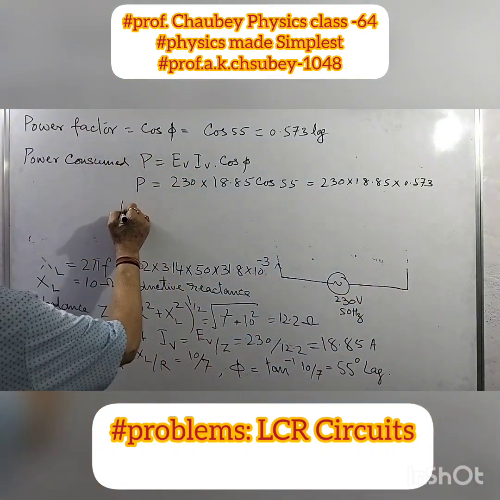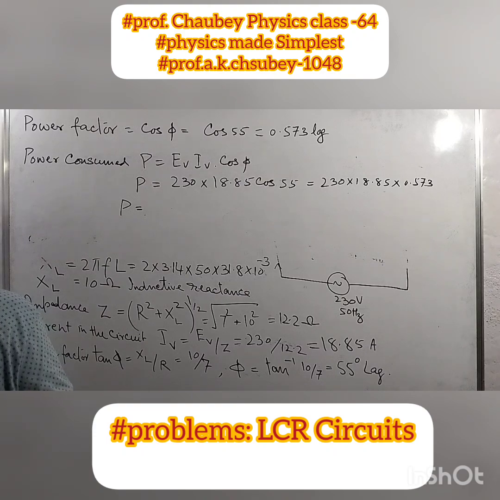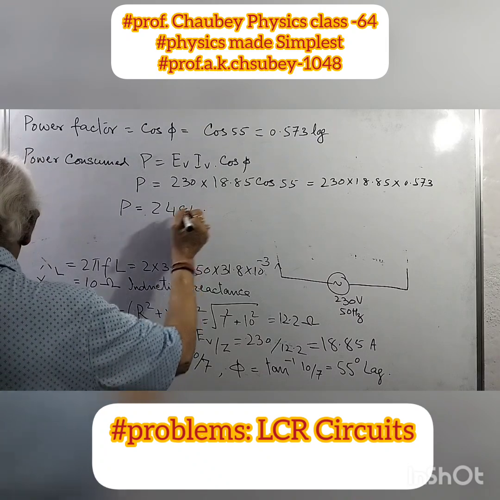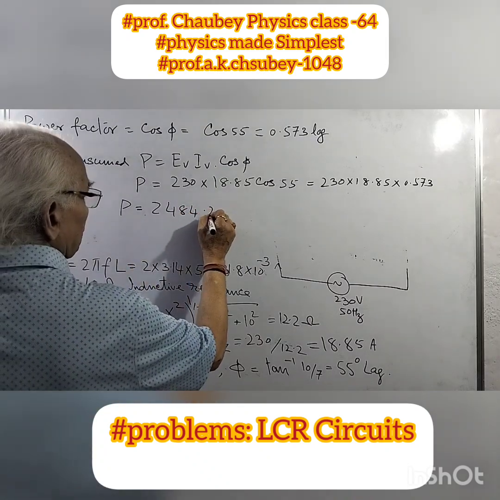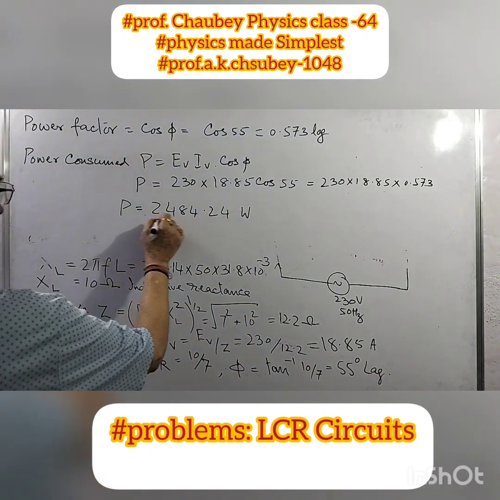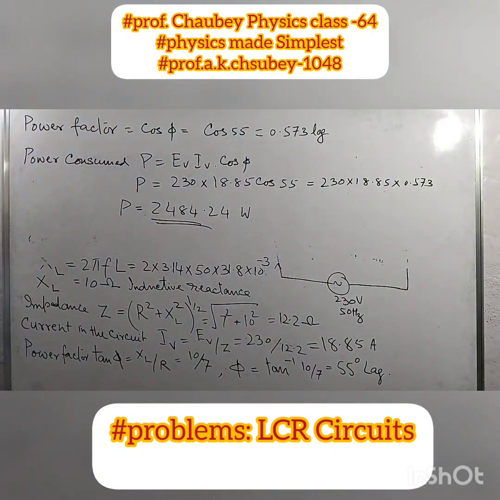P will be equal to 2484.24, and the unit will be watt. You multiply this and that. So that is the power consumed.